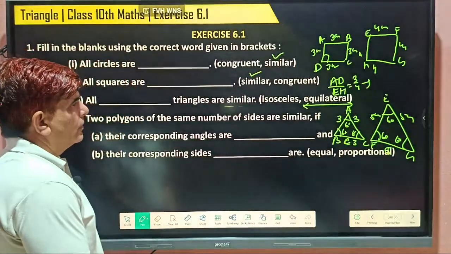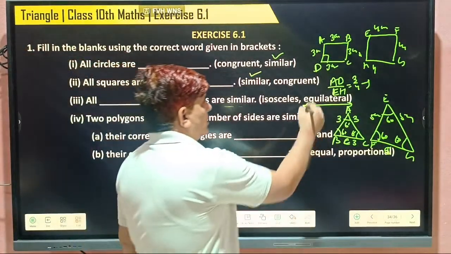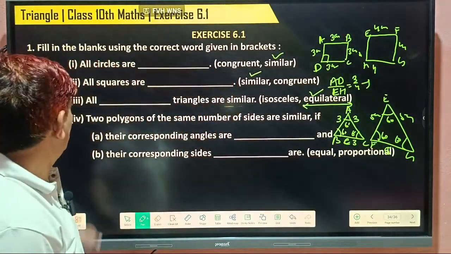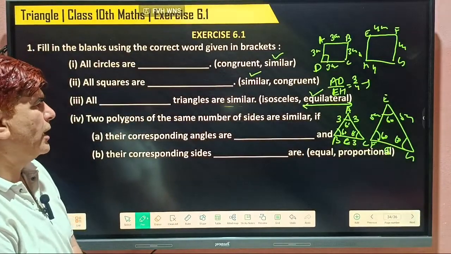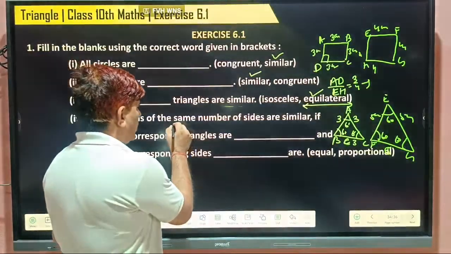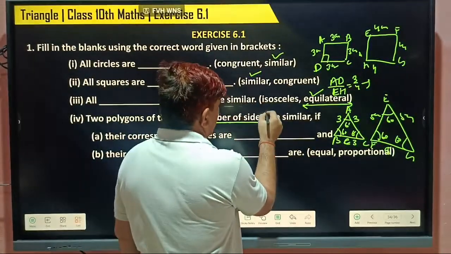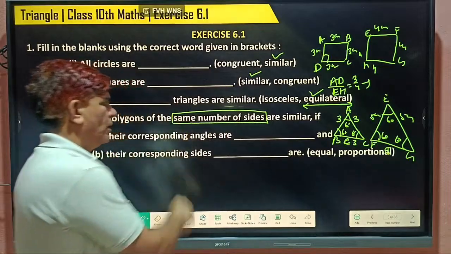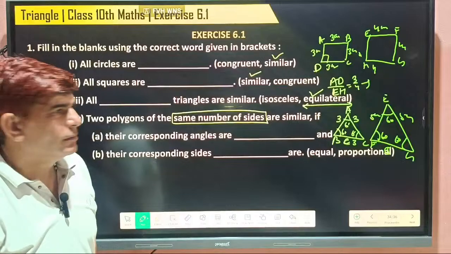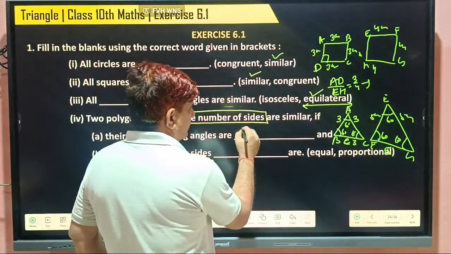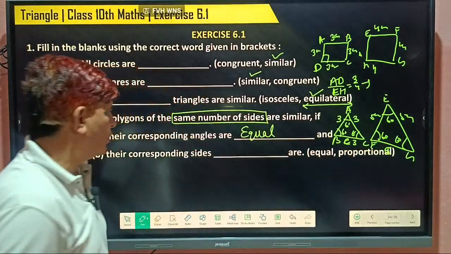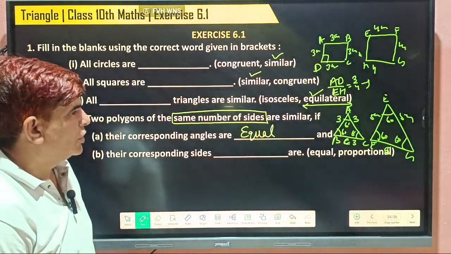Understood? This is your answer. We are talking about exercise 6.1. Two polygons of the same number of sides are similar if and only if their corresponding angles are equal and their corresponding sides are in the same ratio.